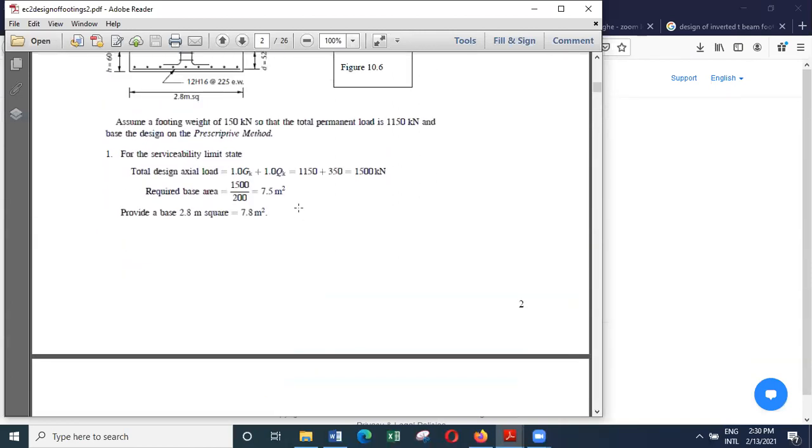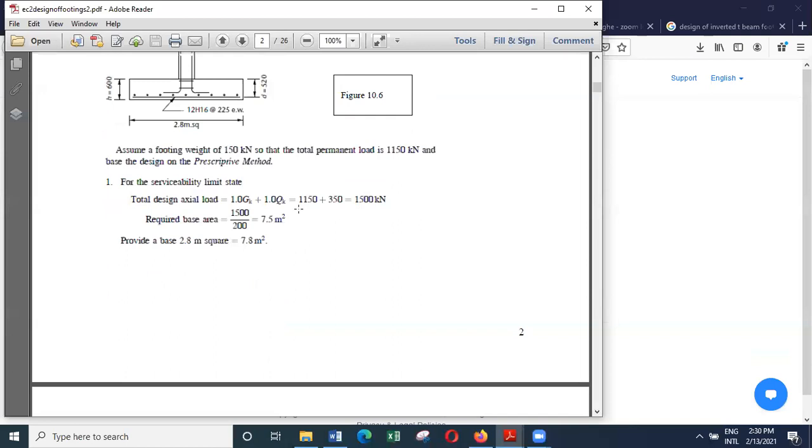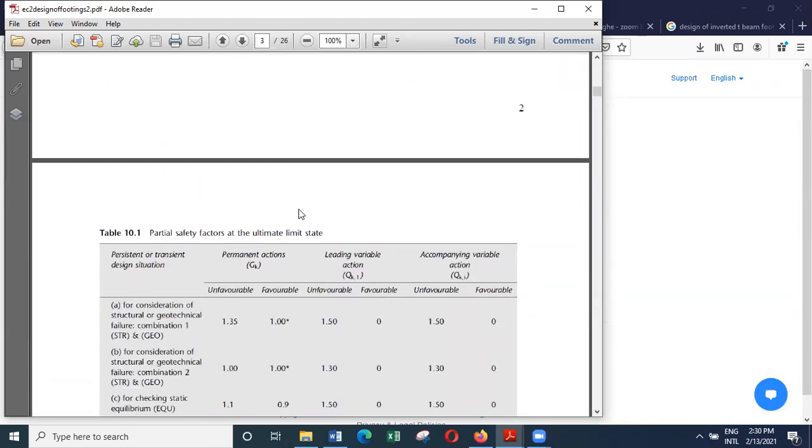And then you have to look at what factors of safety you have to use. When you are dealing with the structural capacity, for permanent loads we use a factor of 1.35. For the leading variable action, we use a factor of 1.5.